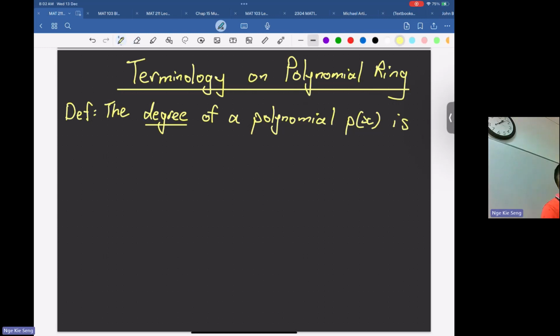The highest exponent of x. Okay, so what do we call that? What do we call that term in our polynomial?